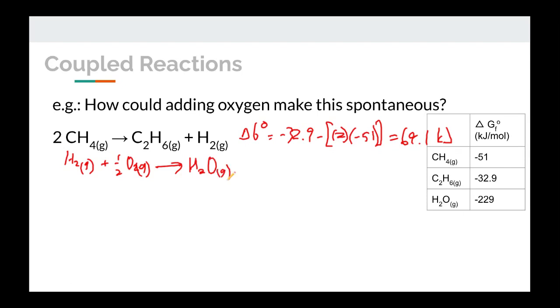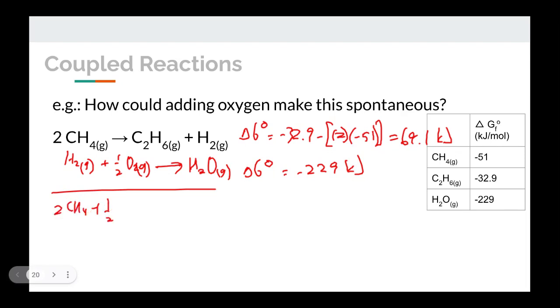some H2O. Delta G for that process we can calculate from the little table that we have over here. These are elements in their standard state, so it's just going to be negative 229 kilojoules. So if we add these together, we have 2CH4 plus 1/2 O2 makes C2H6 and some water vapor.